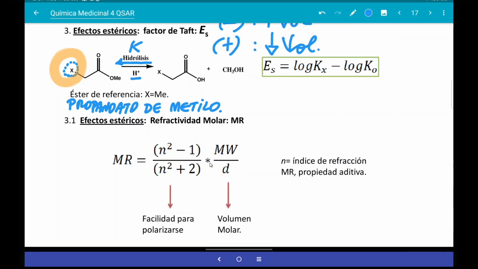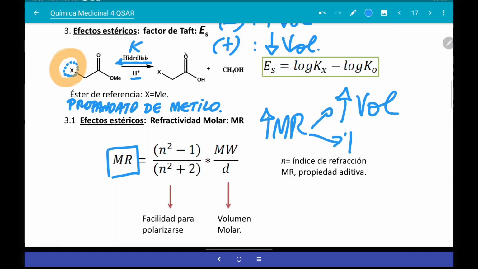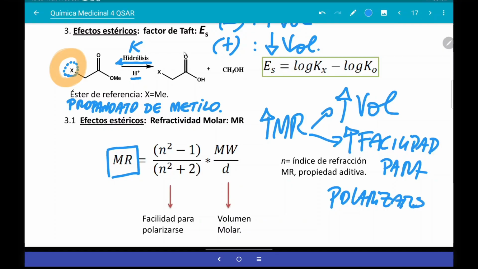It is a descriptor that shows us the ease of polarization. Molecules with a high molar refractivity imply a high volume and also a high polarizability. That is the way then to measure molar refractivity.